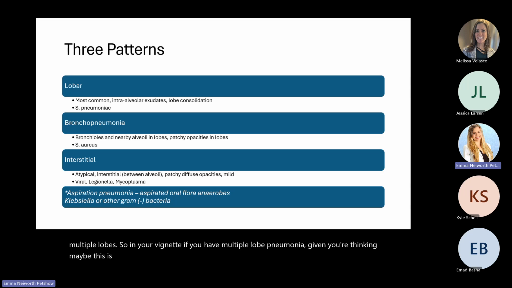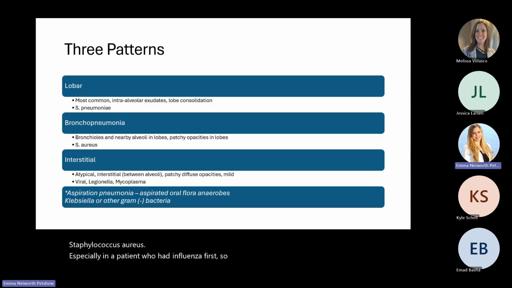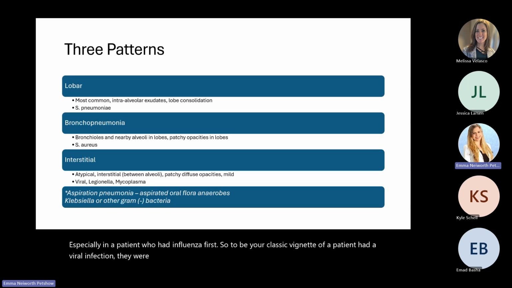Staphylococcus aureus is often a common cause here, especially in a patient who had influenza first. So this would be your classic vignette of a patient who had a viral infection, were infected with influenza, then got worse, now we think pneumonia, Staph aureus would be your bug of choice. And it's most likely a bronchopneumonia.